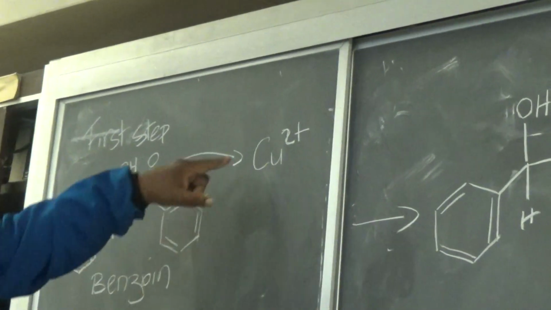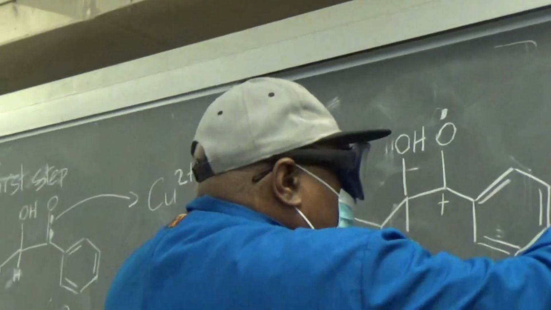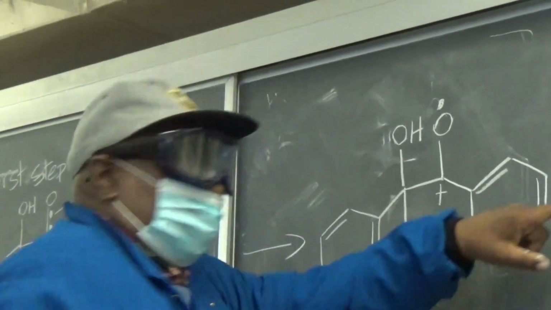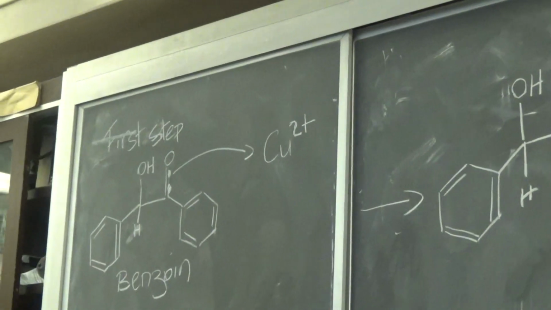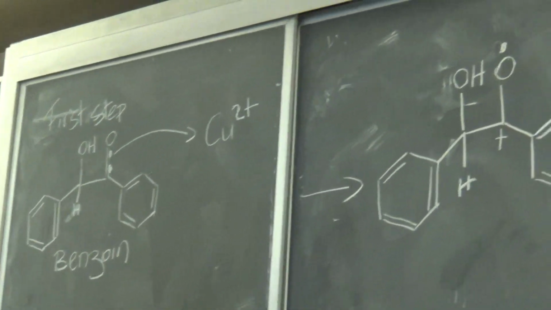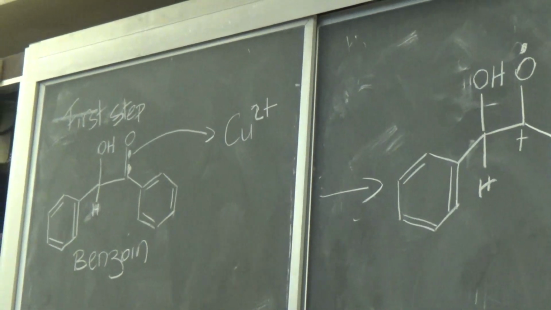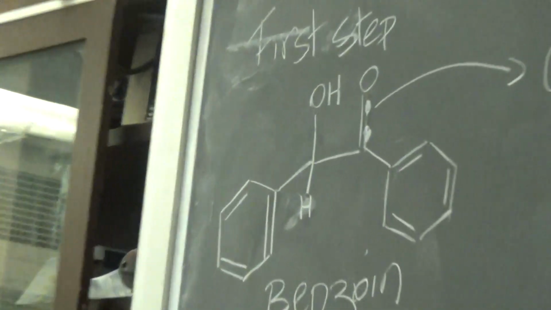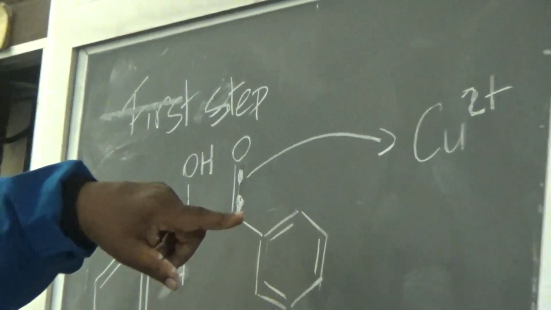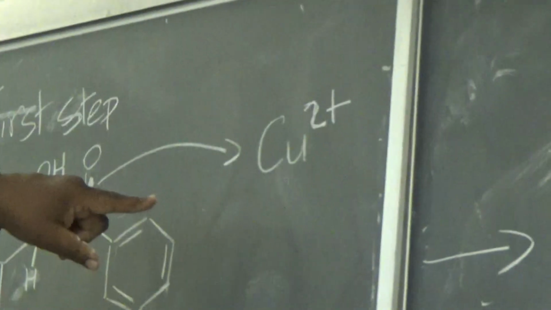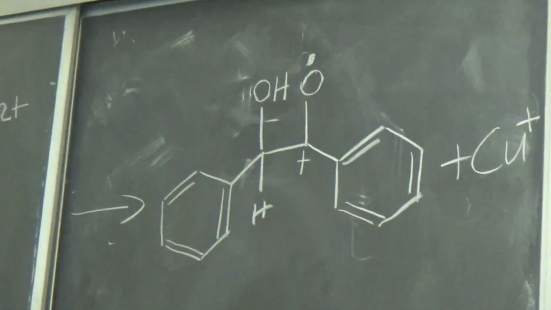It's losing an electron. It's an electron transfer, which is kind of a weird thing, but that makes sense. I'm making that simple. There are two electrons in that double bond, and one of them goes away. And you're left with copper 2 plus going to copper 1 plus. And then you're left with that thing.